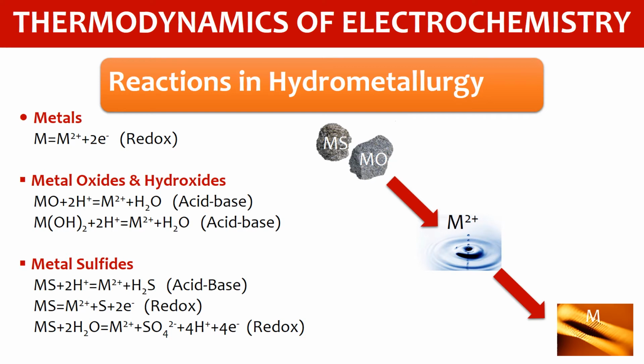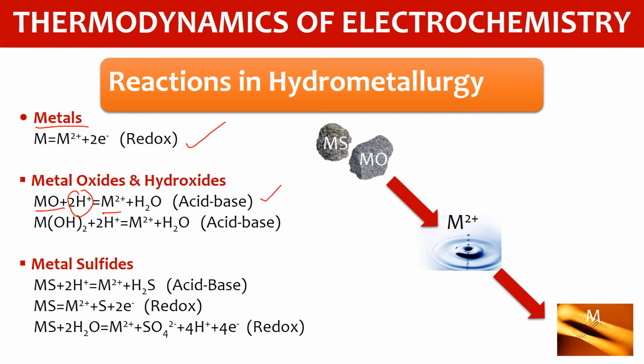Right. So what are some of the reactions that are important in hydrometallurgy? This is an example: the dissolution of your metal from solid into the aqueous state. This is a simple redox reaction. Then you've got your metal oxides and metal hydroxides. This is your metal oxide being leached, probably in acidic conditions, and it forms a metal in the aqueous state.